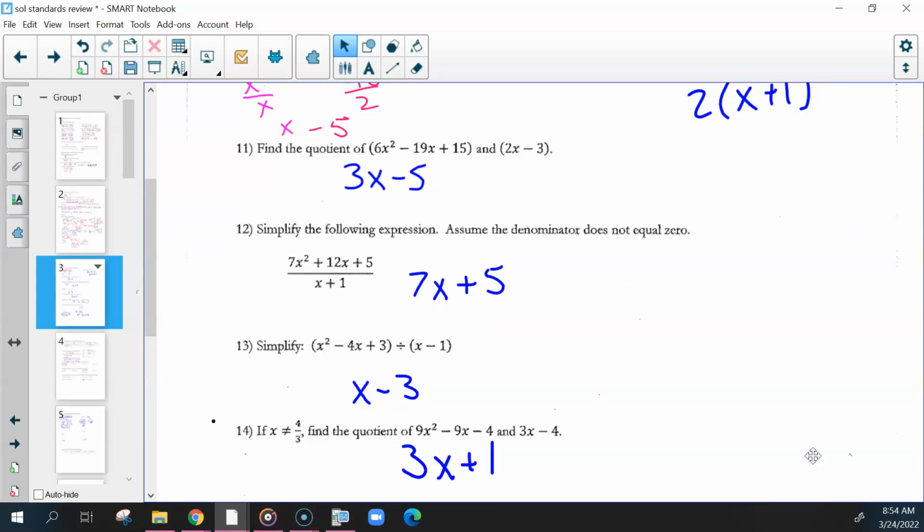That's another way you could look at it, or you could still just do the dividing thing, 7x squared divided by x. Either way, you can look at it either way.